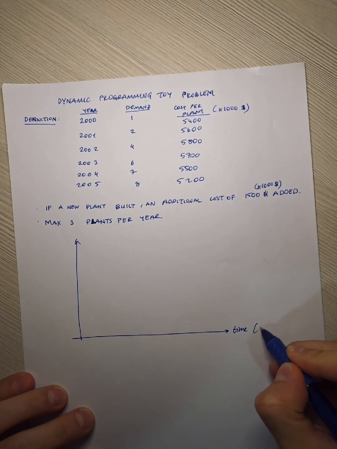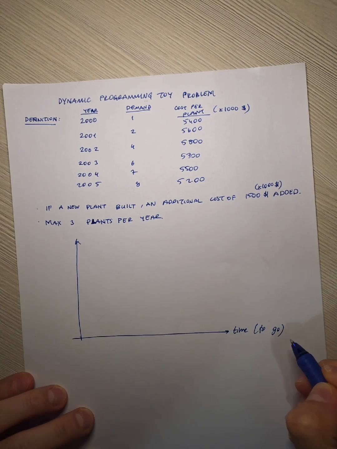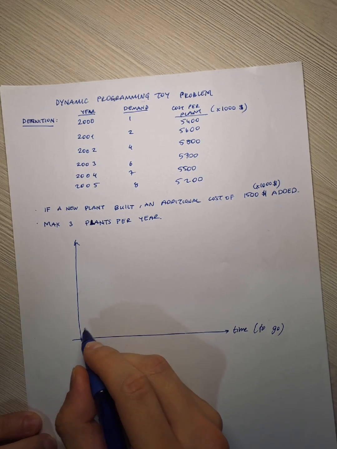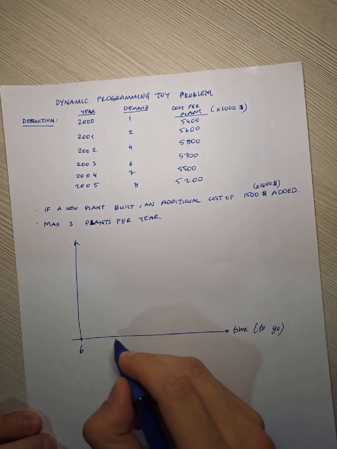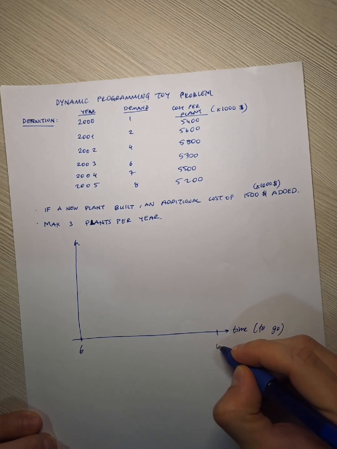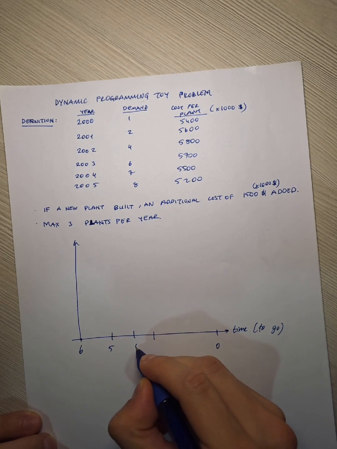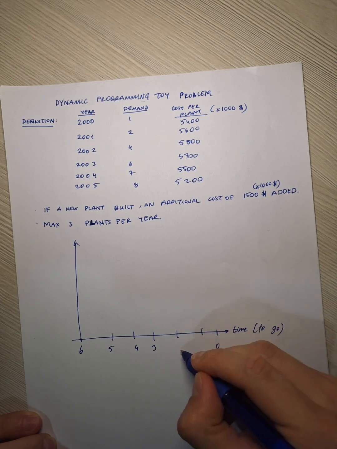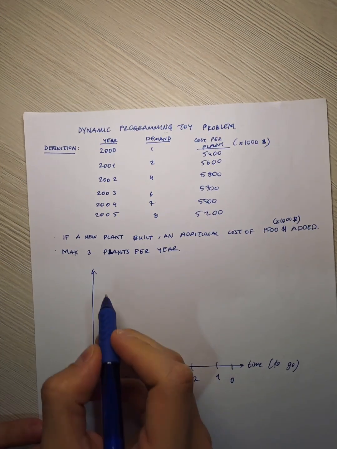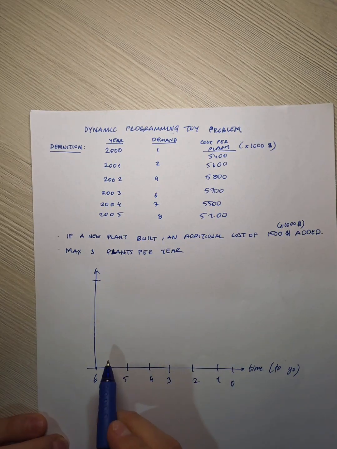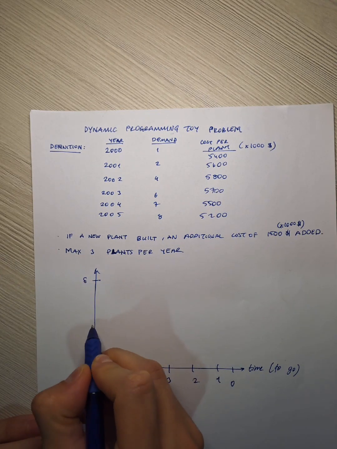Years to go. So in the beginning, there are 6 years to go until 0. Let's put them like this: 5, 4, 3, 2, 1. And in total, we need 8 power plants.